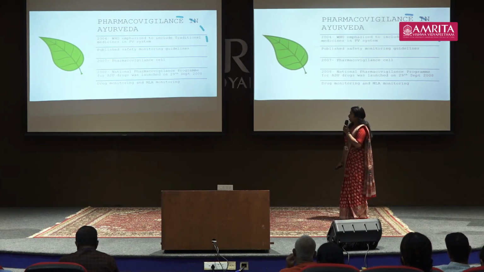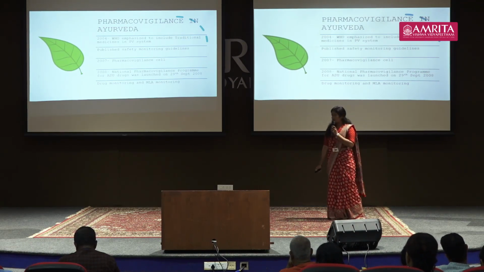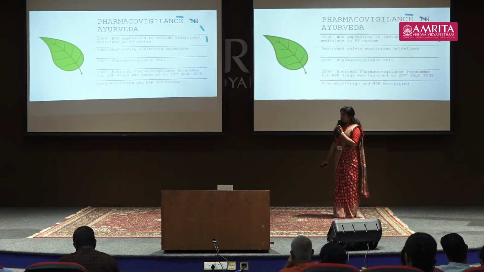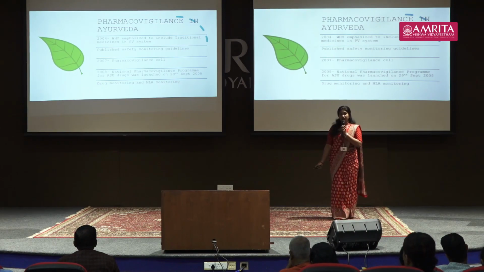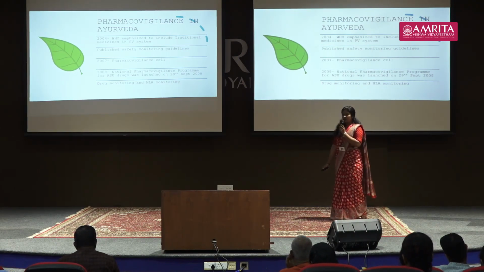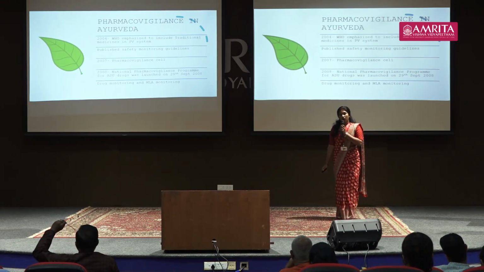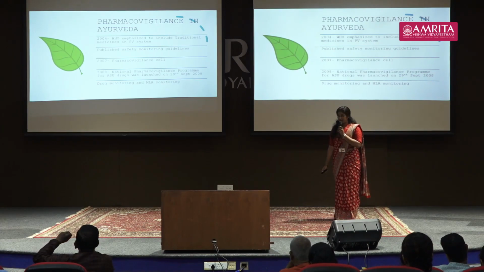Following that, on September 29, 2008, the National Pharmacovigilance Program for ASU and H drugs was launched. So it is same as the modern medicine. We look into the safety of a drug which is available in the market. And along with that, in Ayurveda, we also check for the misleading advertisements on the herbal products in the market.